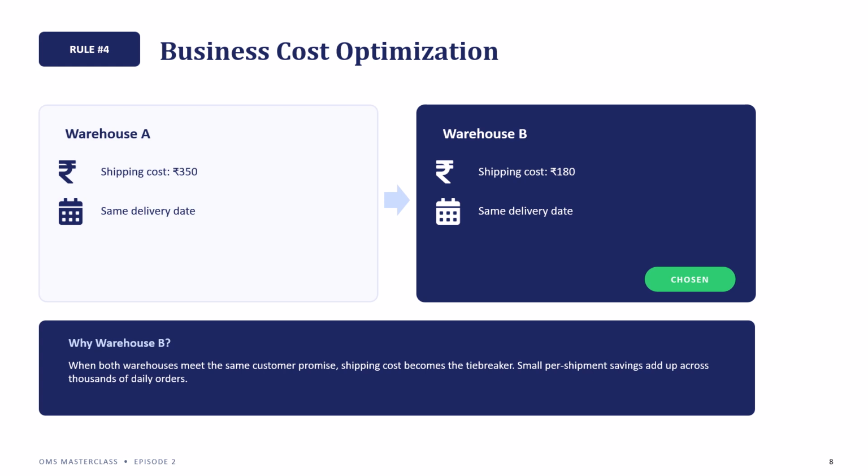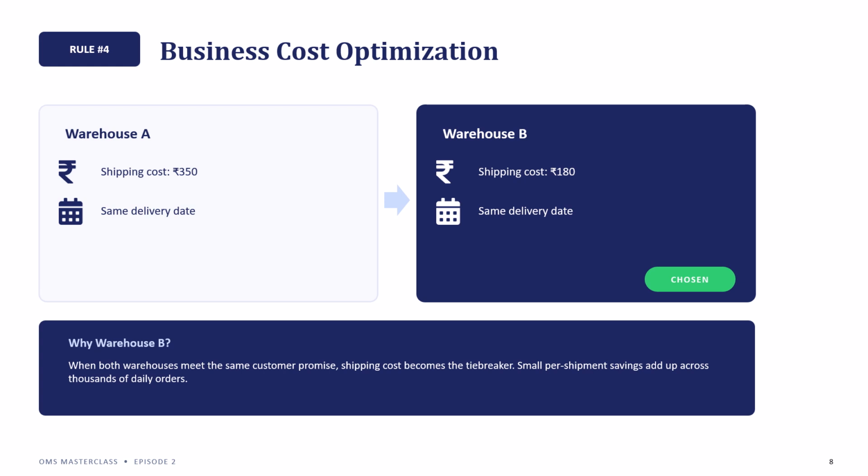Let's assume shipping the order from warehouse A costs 350 while shipping the same order from warehouse B costs only 180. Since both warehouses can meet the promised delivery date, the OMS chooses warehouse B because it provides the same customer experience at a lower operational cost.